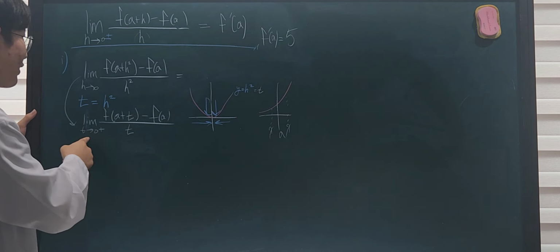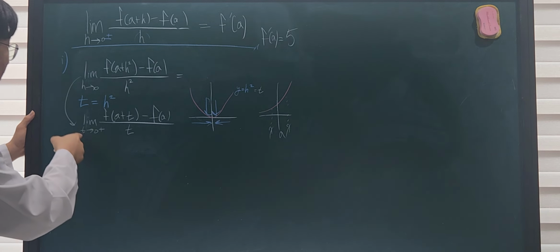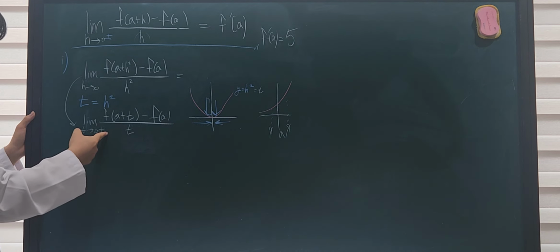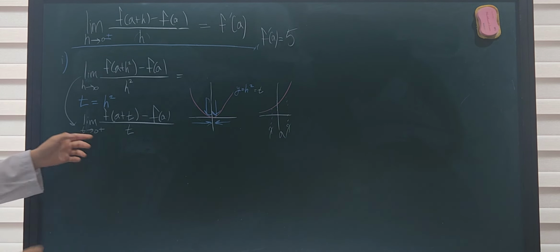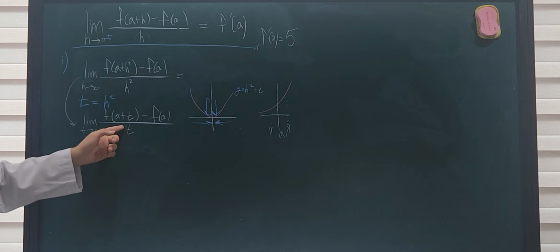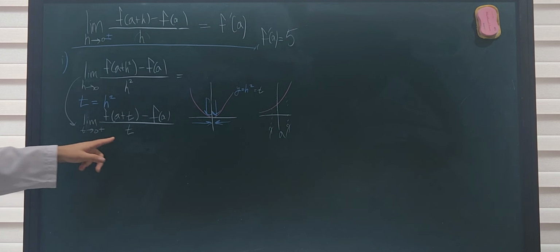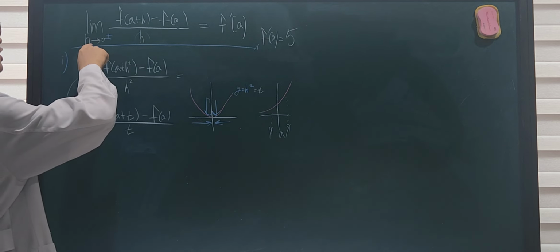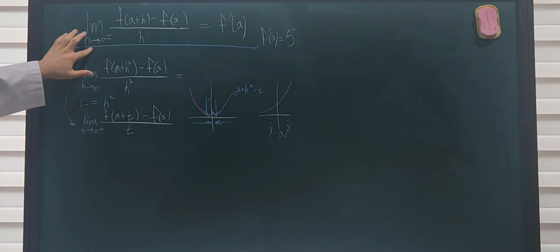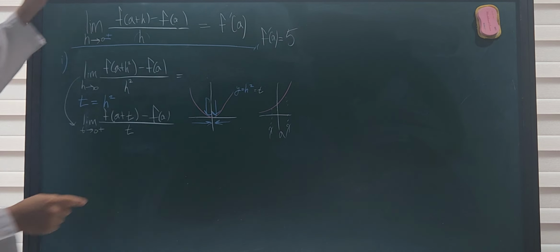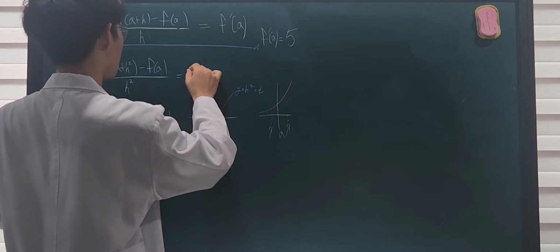So since we are only asking about the case in which t is approaching 0 from the positive side, and we are trying to find the instantaneous rate of change at x equals a of the function y equals f(x), then since when h approaches 0 from both the positive and the negative side the value is 5, this value will also be equal to 5.